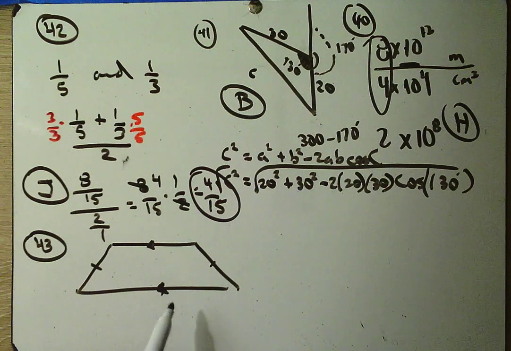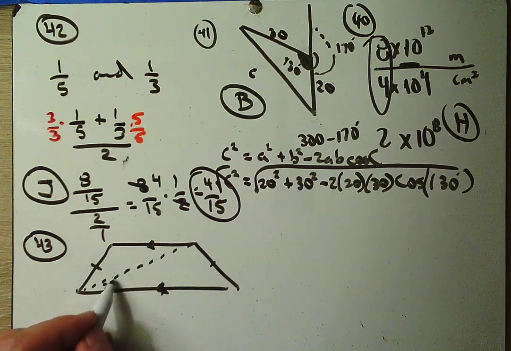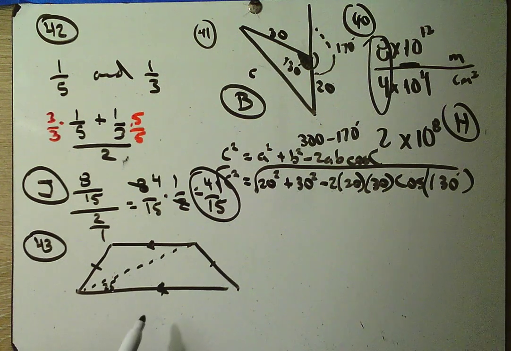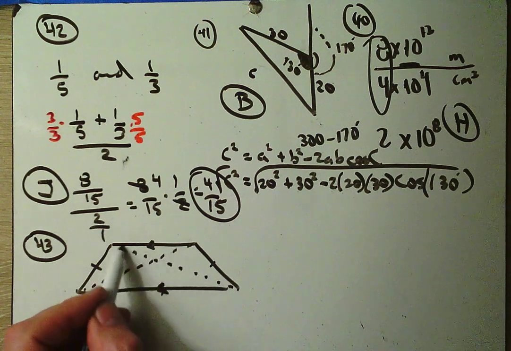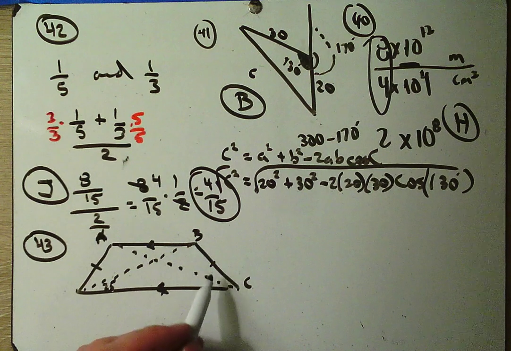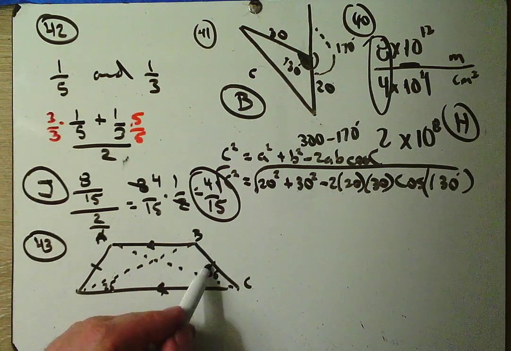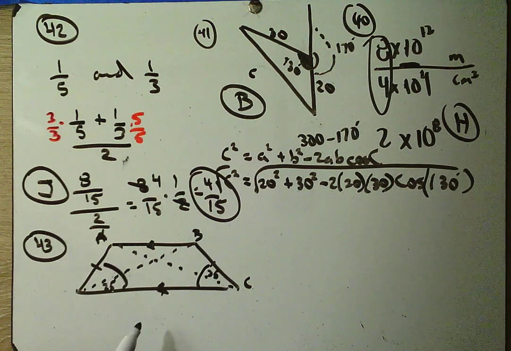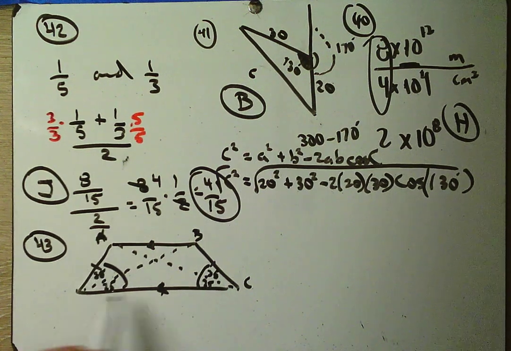BDC measures 25, and BCA measures 35. Well, one of the things I remember from geometry is that the base angles of an isosceles trapezoid are congruent. So this must be 25, this must be 35, and each of these base angles must be 60 degrees.